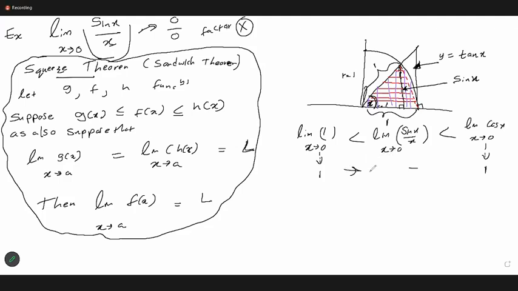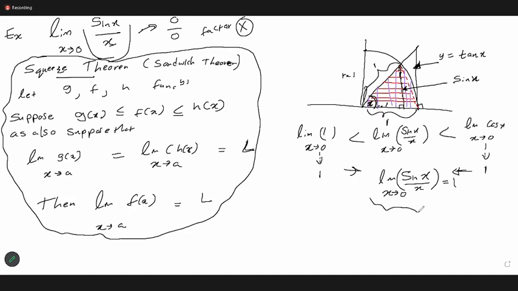So at that point, we can write that the limit of sin x over x when x approaches 0 should be equal to 1.